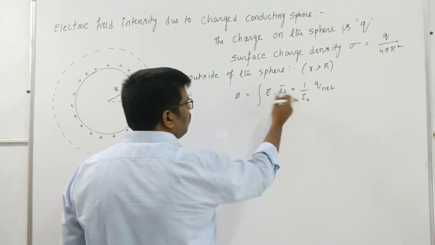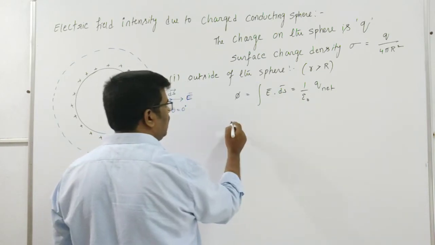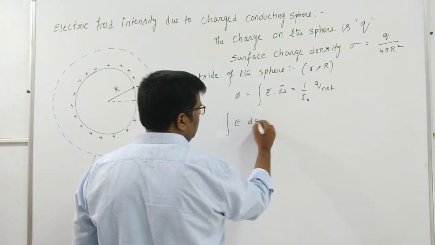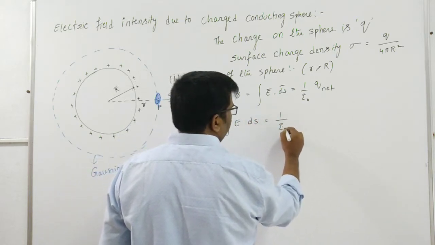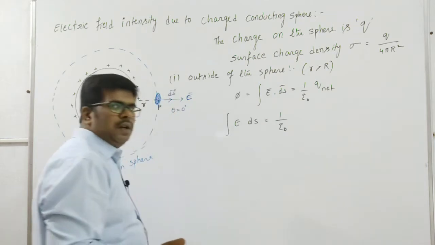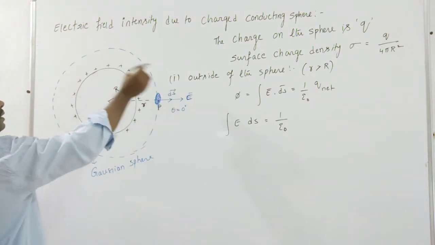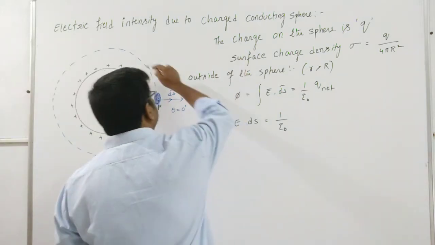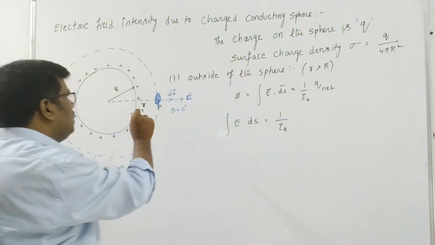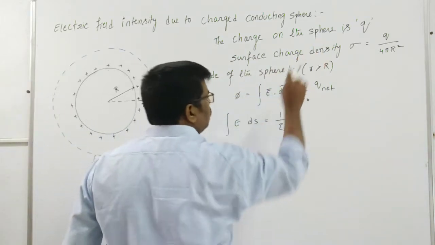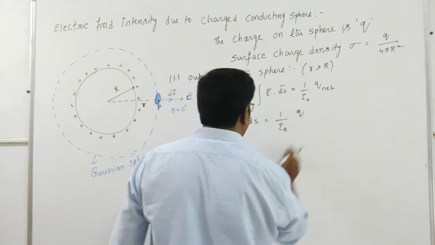So E ds cos 0, we can write that as integral E ds equal to 1 by epsilon naught times q net. What is the charge enclosed by it? The charge enclosed by the surface is q. Therefore, we can write q.